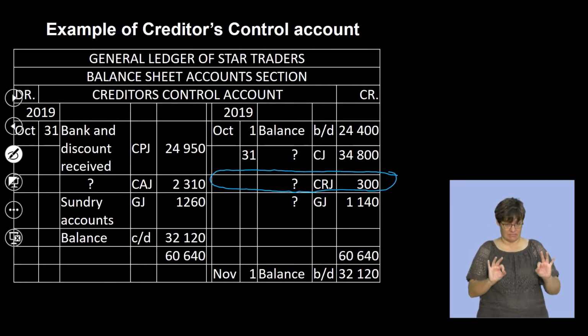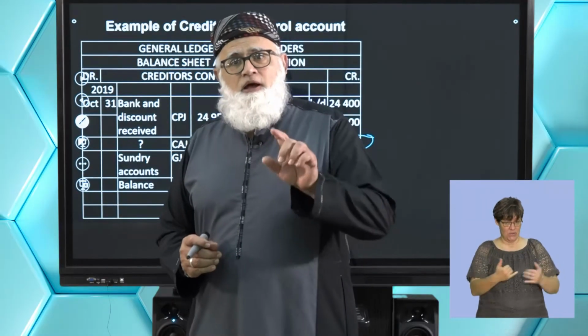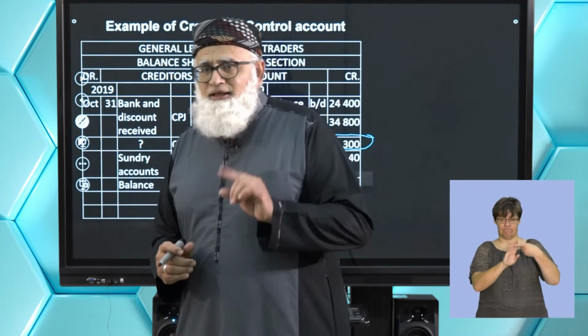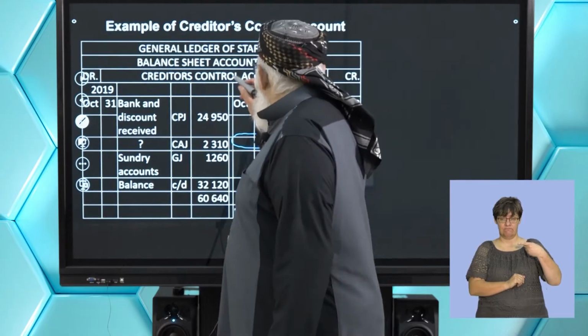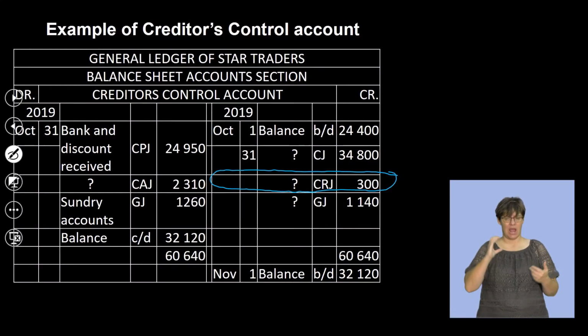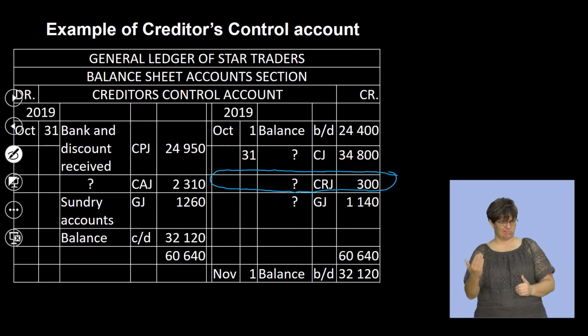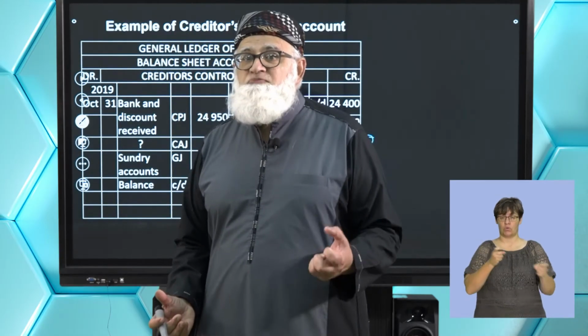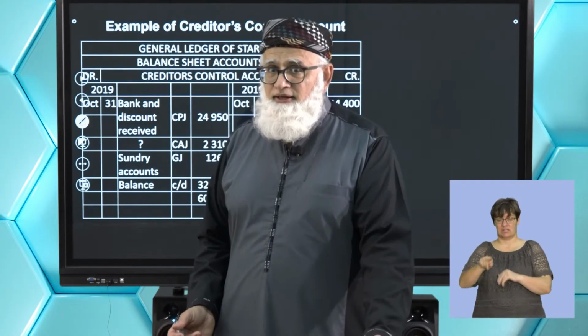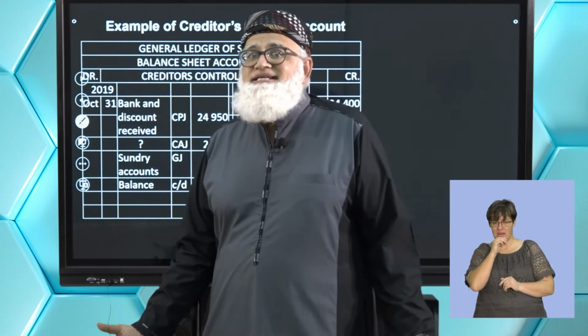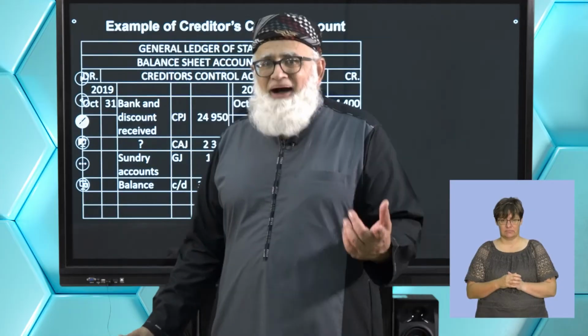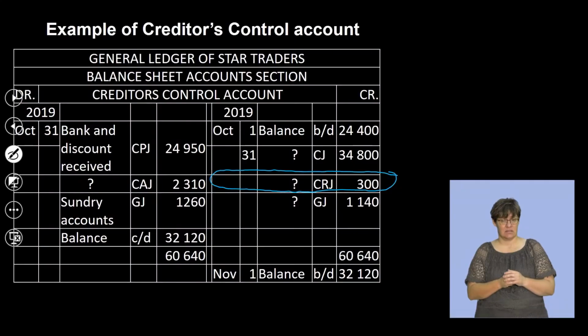We're going to go into an explanation on this one here. Firstly, it's an entry on the credit side of your creditors control account. In other words, your creditors control account is being credited, so it means it's been increased. But the source of the entry, the folio reference, is cash receipts journal.